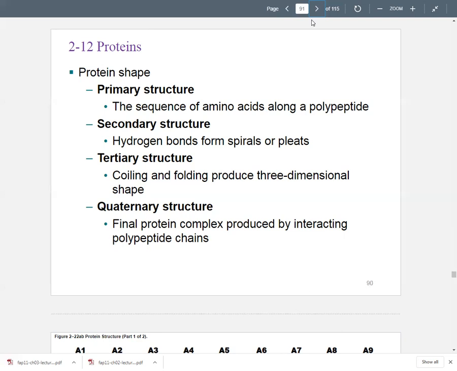So you might have a secondary structure in one part of the molecule, but we're looking at how the whole molecule folds. Then you have quaternary structure. Quaternary is the 4th level or higher level, and it has to do with how multiple polypeptide chains interact with each other. So primary, secondary, tertiary just deal with one chain. Quaternary incorporates the fact that you could have multiple chains connected.